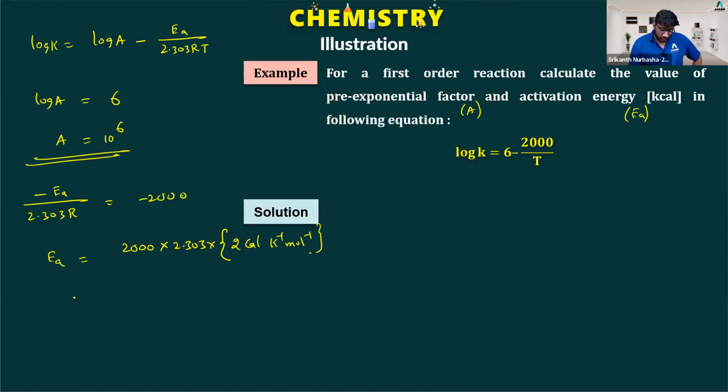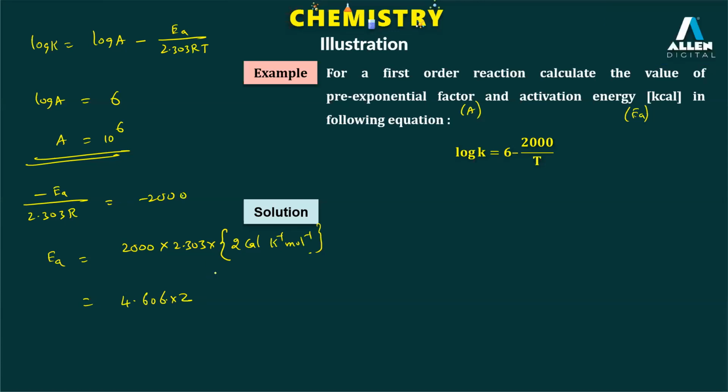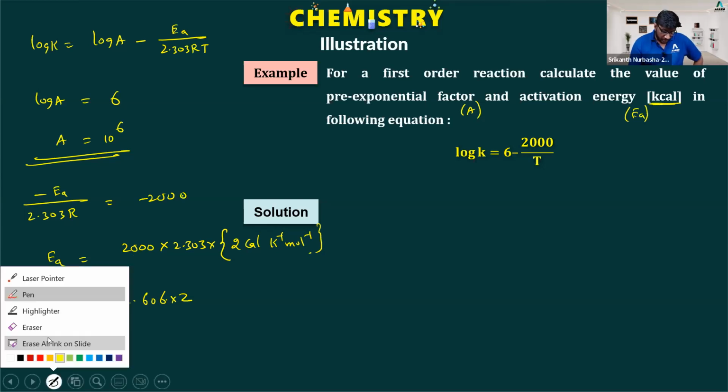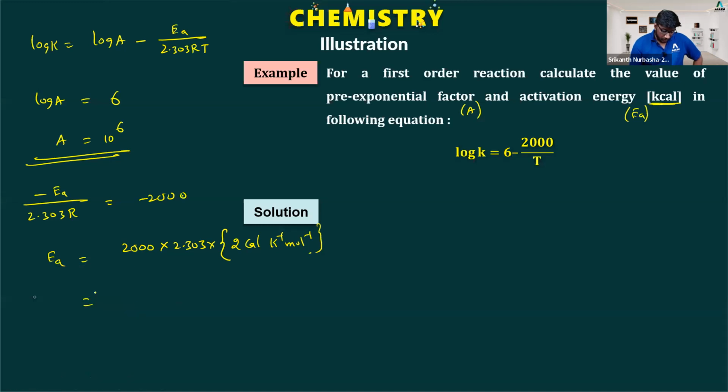Yes or no? Yes, sir. So EA, you calculate 2000 into 2.303 into 2, which is 4.606 into 2. Because it is in kilocalories, it is 4 into 2.303 kilocalories.